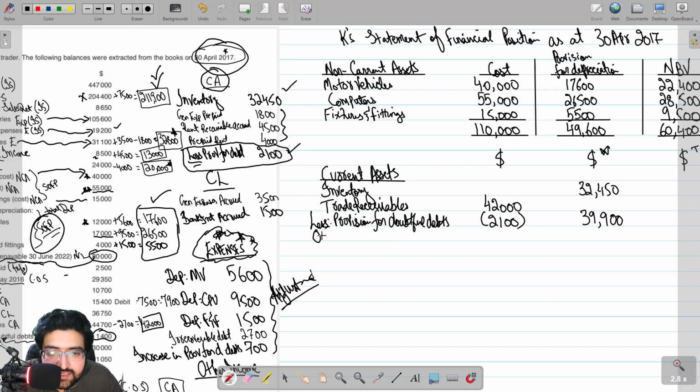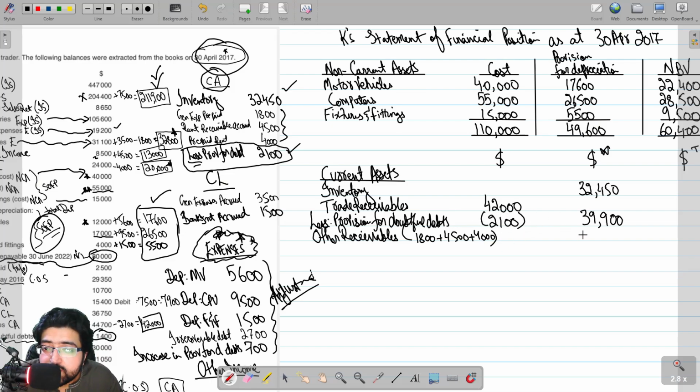You can write other receivables. Make a bracket like this and add these: 1800 plus 4500 plus 4000. Use your calculator and total them. The total is 10,300.